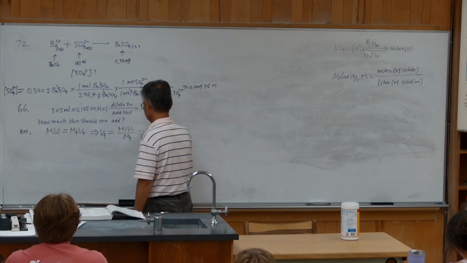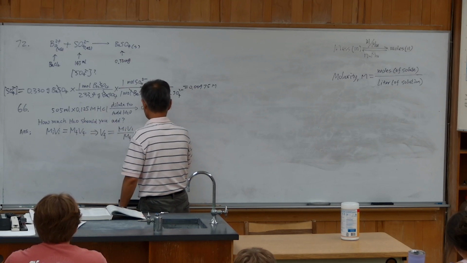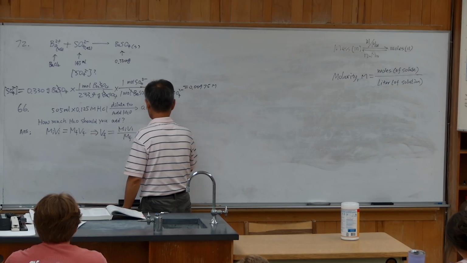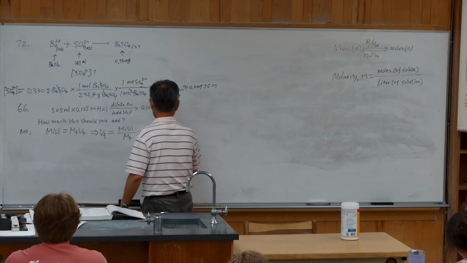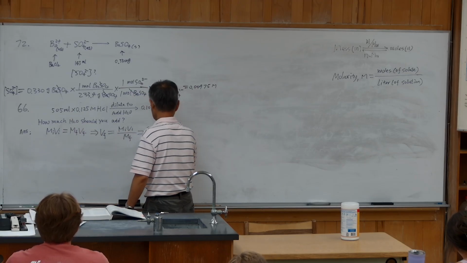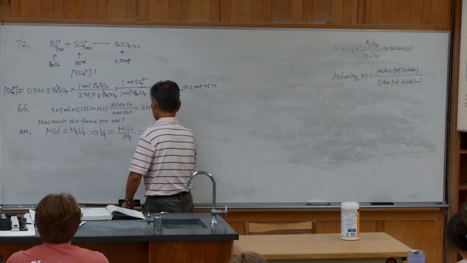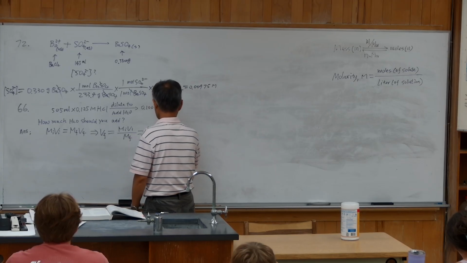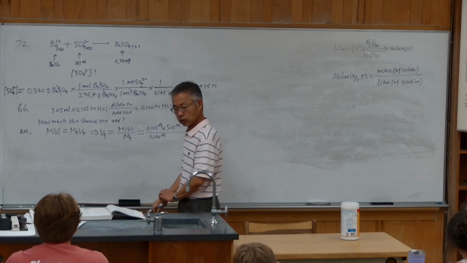Now just plug in the numbers. Mi is 0.125, Vi is 505 milliliters, Mf is 0.1, and molarity cancels, leaving milliliters.